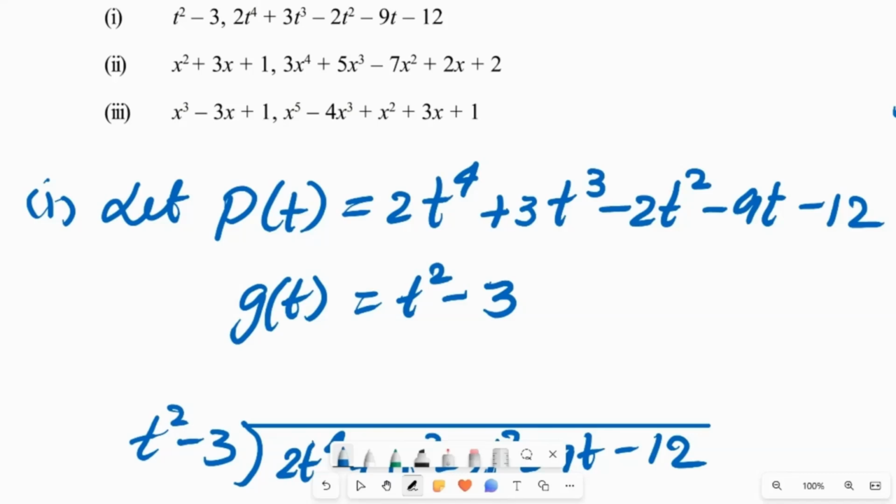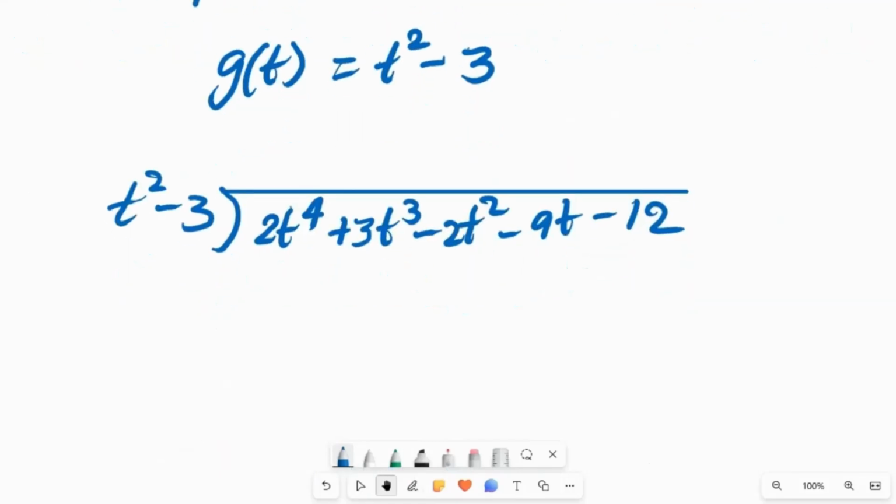Next, we multiply the term to all terms of g of x, and next we change the signs from plus to minus and minus to plus and add them and continue the process till the degree of remainder is less than degree of the divisor.